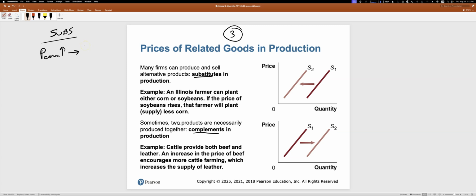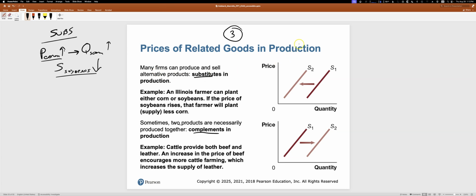So if the price of corn goes up, then we know that the quantity supplied of corn will also go up. But if they're using their field now to grow all this corn, that would mean by default that the supply of soybeans would fall. So the price of corn is going up and they supply less soybeans because they're going to grow other things.